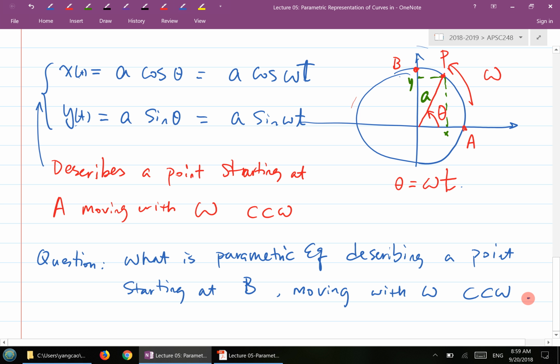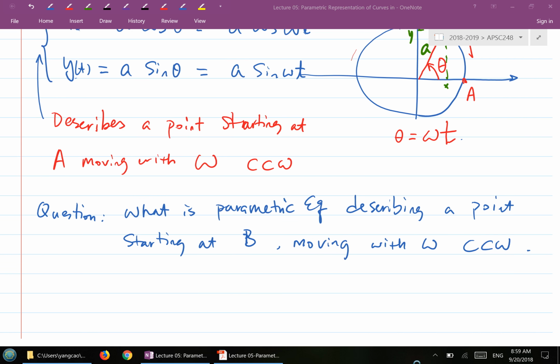Before we solve it, the other thing I need to understand is that for either A or B, they describe different motions, but both are on the same circle, the same trajectory. So how do I deal with this kind of scenario?